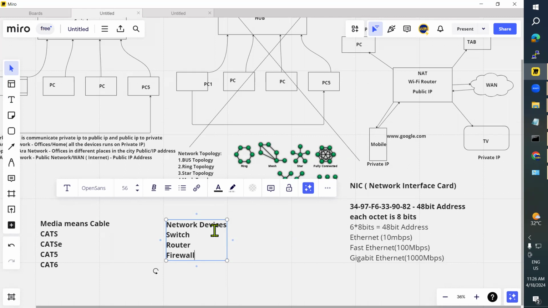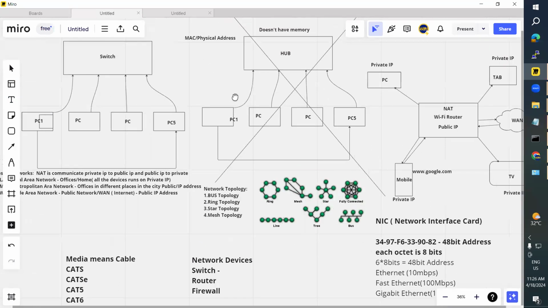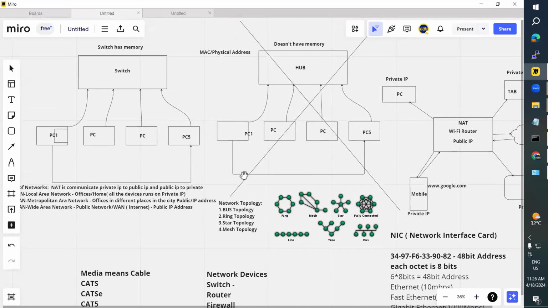Okay. What does a switch do? A switch is used to connect computing devices together to communicate.